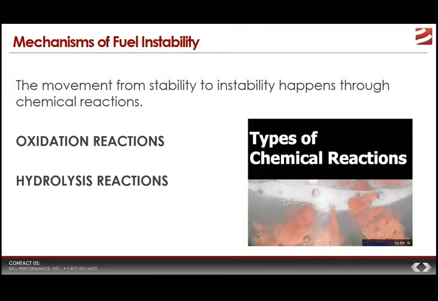So, we know that fuel instability is a result of these chain reactions between the unstable precursors in the fuel and the stable molecules. We know that those reactions lead to fuel instability, and that these formerly stable molecules suddenly get altered and become unstable.